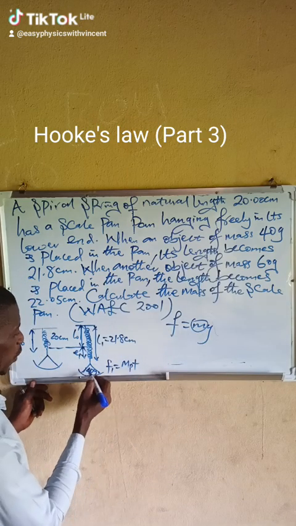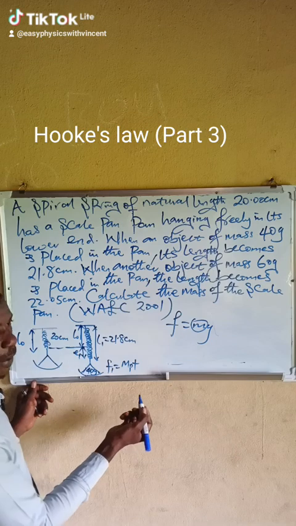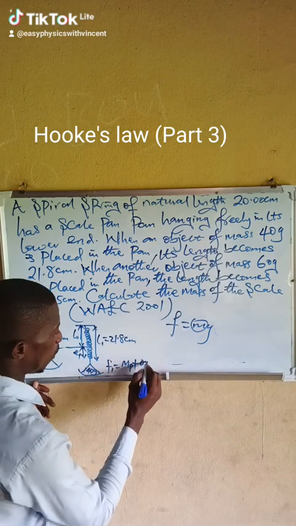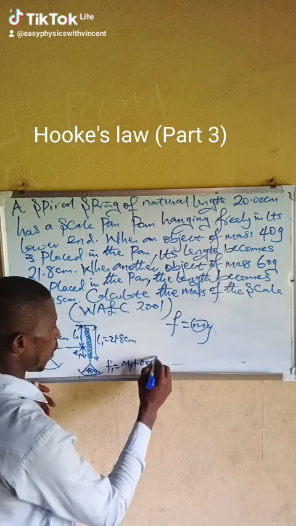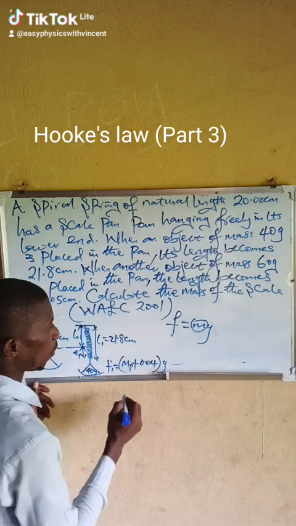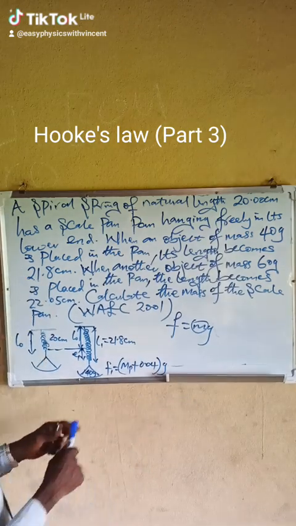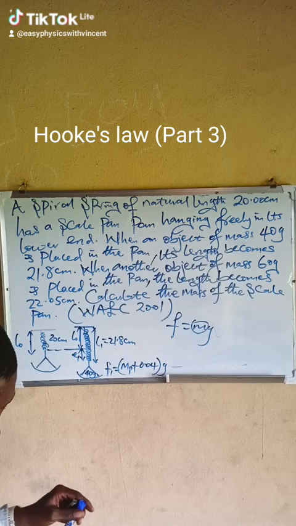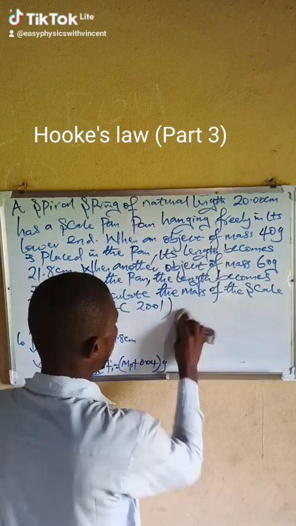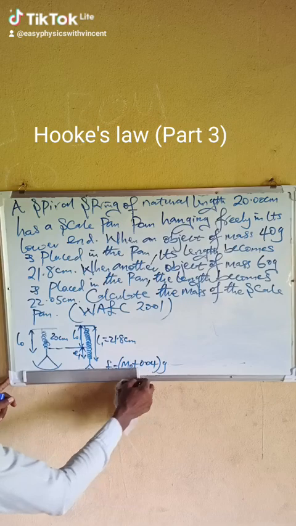So I'm going to convert this 40 to kilogram, divide by 1000. That is 0.04 all into g. That is F1.